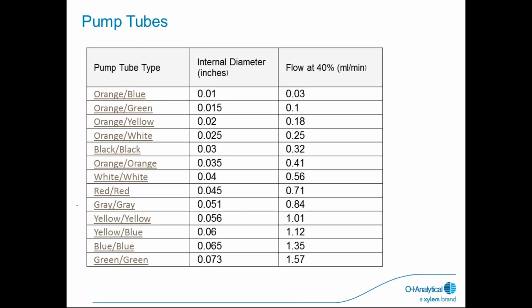And then we have a different variety of pump tubes, and these are used throughout each chemistry. They're given colors like orange-blue, orange-green, orange-yellow, red-red, white-white, and I'll show some examples of what we do in using those with these chemistries. There's the internal diameter and the flow rate at 40%, in mils a minute.